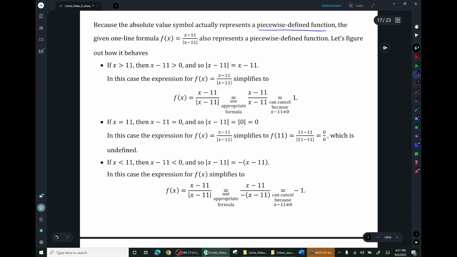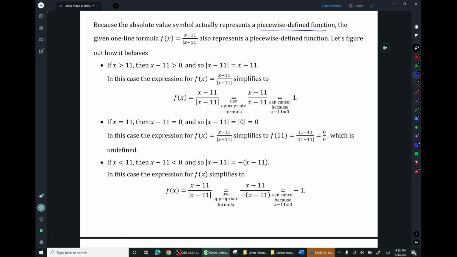The third case is when x is less than 11. Well, in that case, x minus 11 is less than 0, and so to compute the absolute value of x minus 11, we use this formula. We find the negative of x minus 11, because the thing inside is known to be negative, so we compute the absolute value of that thing by taking the negative of that thing.